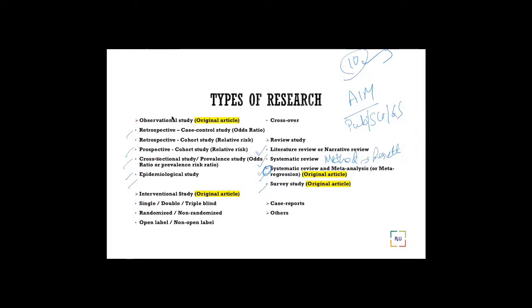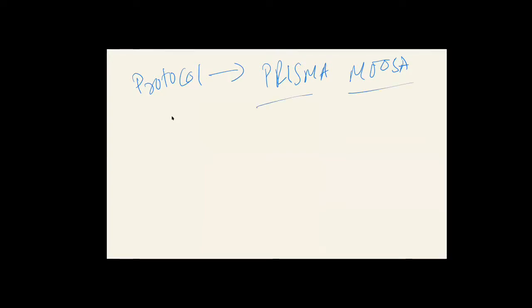Similarly, you follow a protocol first, and we will come to that protocol, either PRISMA or MOOSE. If you are doing a case study, then there is another one. Someone was telling me that if you do not have data, you collect the data using these protocols. Those protocols exist, and we will cover all of them. So you follow the protocol.